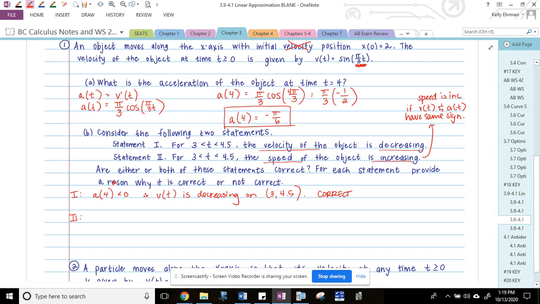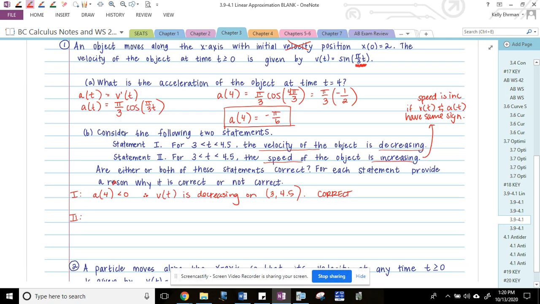So your change in position is decreasing at a certain velocity. So you're falling and you're accelerating in that negative direction. It's pushing you faster in that negative direction. Speed would be decreasing if they're working against each other. So you're falling, but the acceleration is pushing you upward, like a parachute type thing.